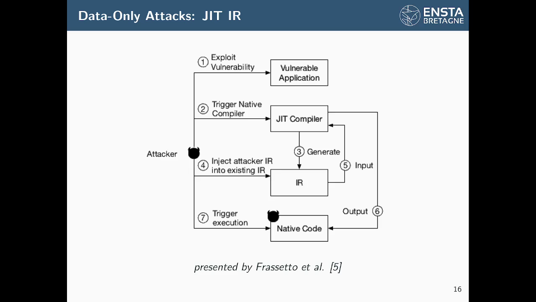When a function is declared as hot or in need of being recompiled down to machine code, the attacker will add crafted C++ objects in the IR chain, and the JIT compiler will compile the actual IR chain, so the genuine source code, along with the attacker's shellcode that's embedded in the IR.